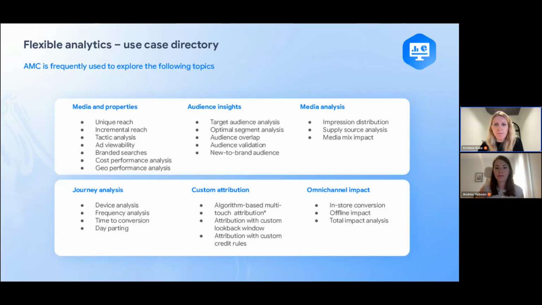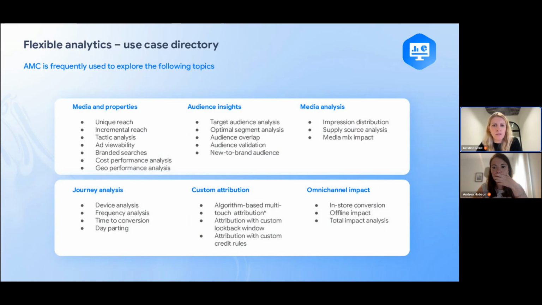Okay, so let's continue looking at how much we can do with Amazon Marketing Cloud, and more specifically at the flexibility when it comes to analytics. This table gives an overview of the wide range of data points and analytical flexibility, all the dimensions we can explore with AMC, from media performance to audience insights, journey analysis, custom attribution, and even omnichannel impact.